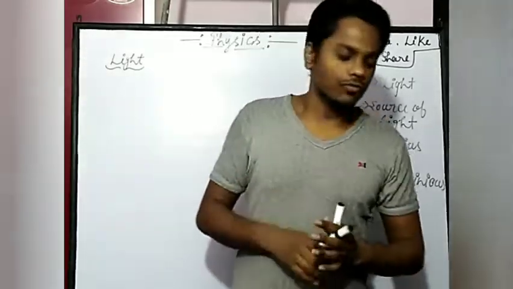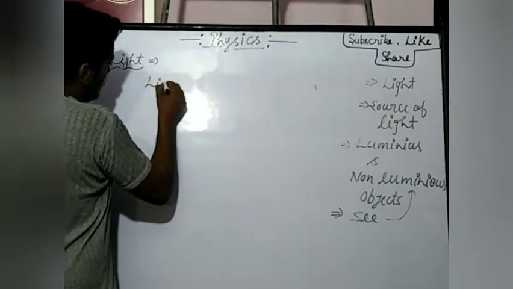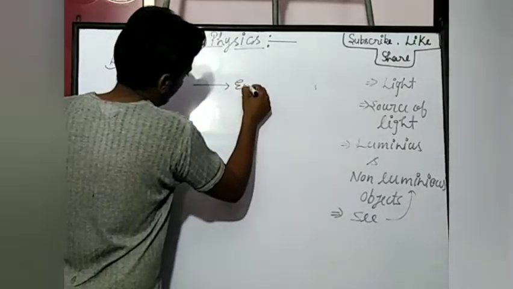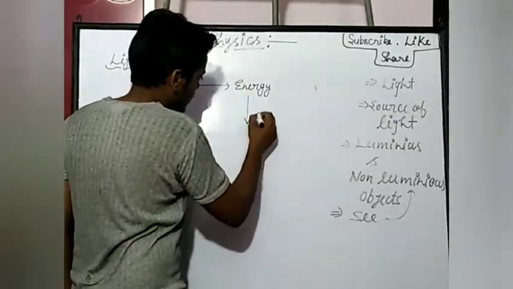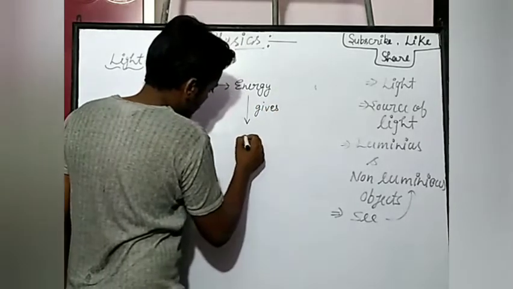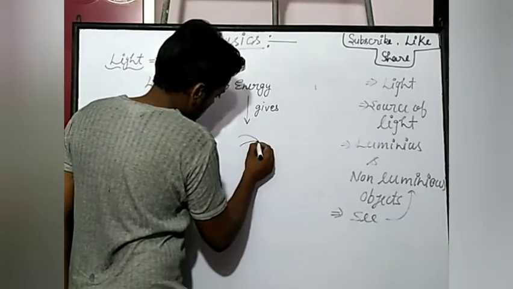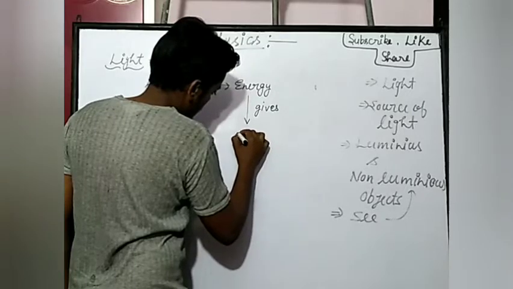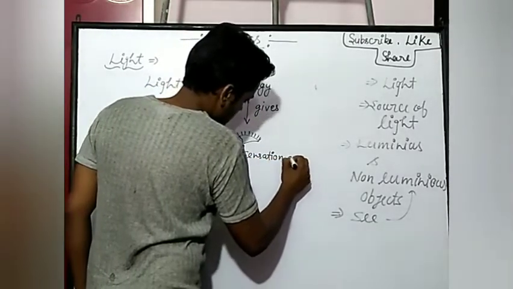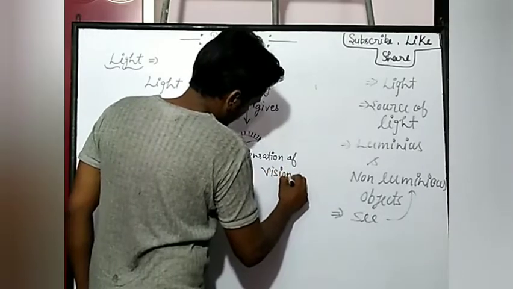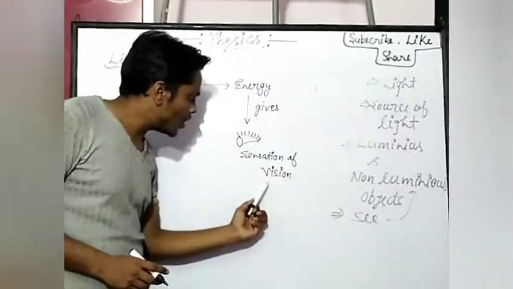According to the definition, light is a form of energy which gives sensation of vision.